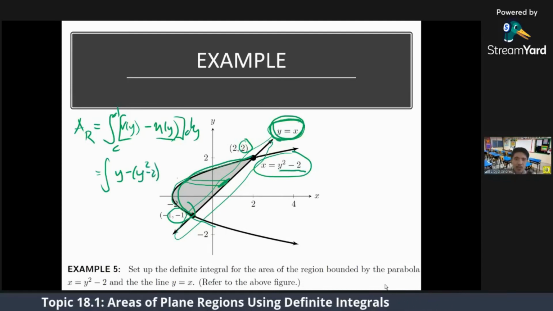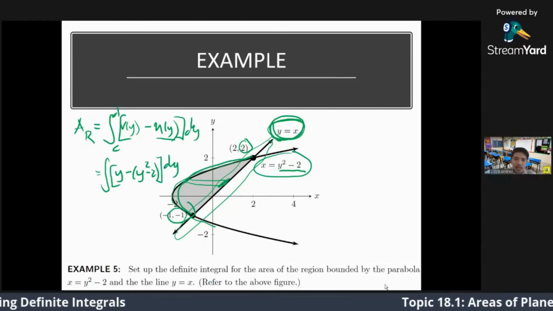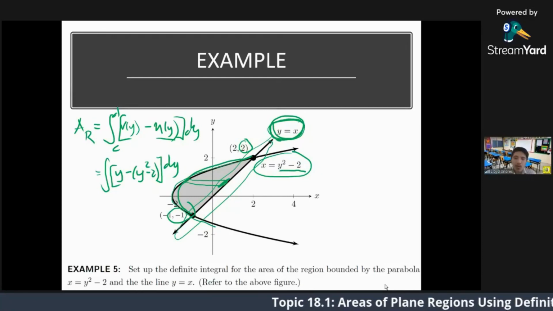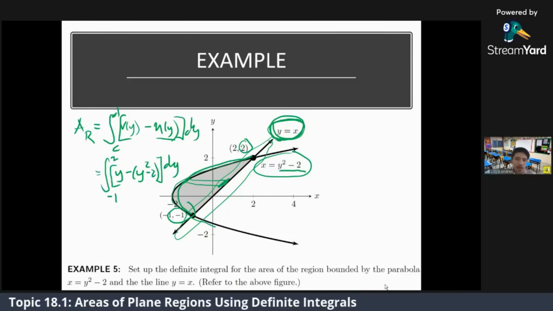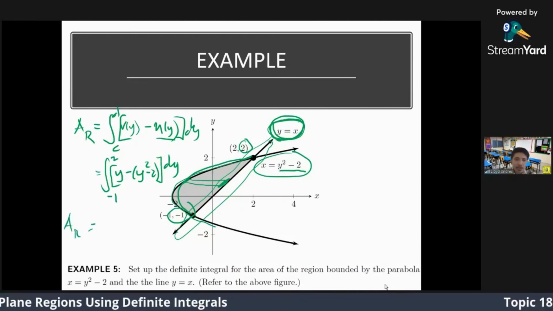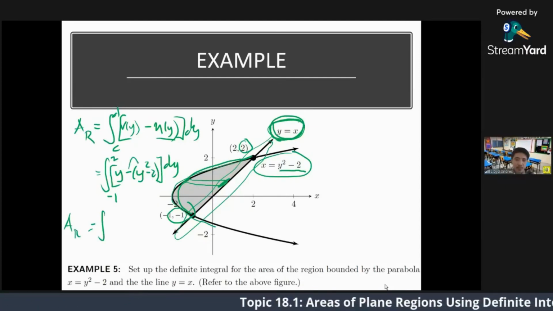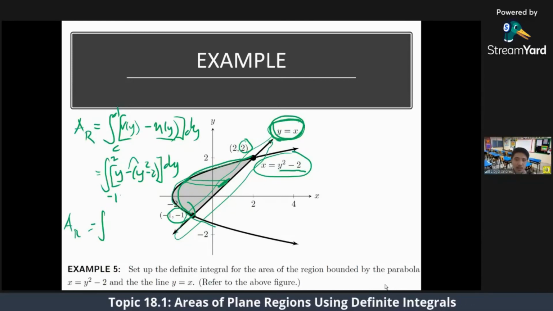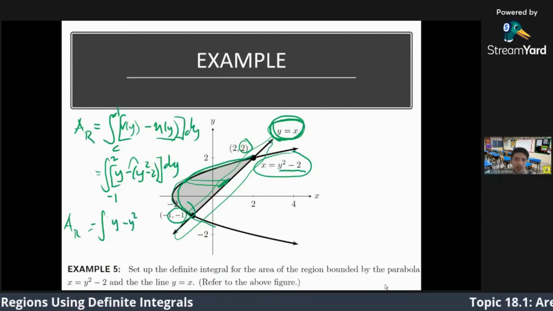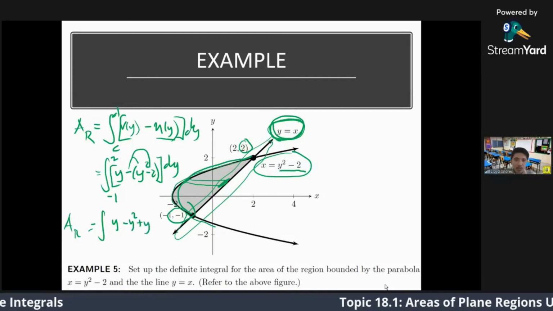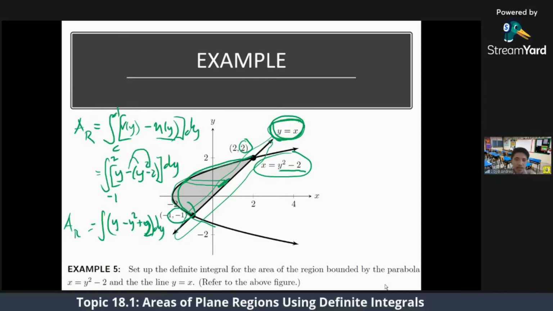Again, it is in terms of y because we have dy. And our limits are the y coordinates, from lower to upper, meaning from negative 1 to 2. If we simplify that, it should be the integral of, distributing the negative, y minus y squared plus 2, sorry, it should be plus 2, dy from negative 1 to 2.